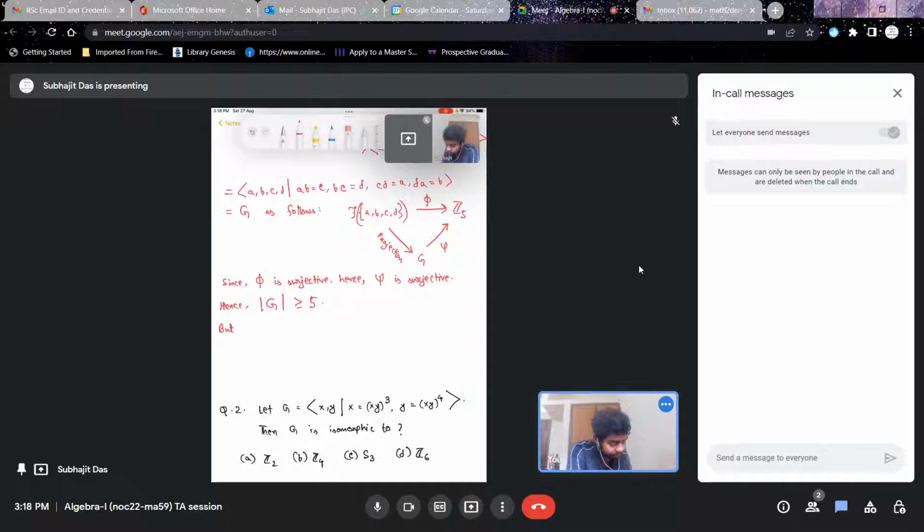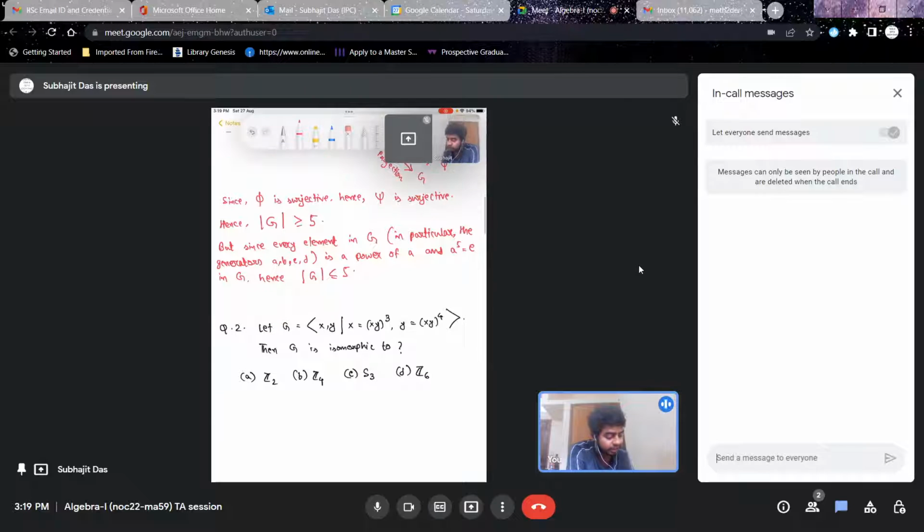But we also saw, since every element in G, in particular the generators A, B, C and D, is a power of A, and A to the power 5 is identity in G. Hence, cardinality of G has to be less than or equal to 5 as well, right?